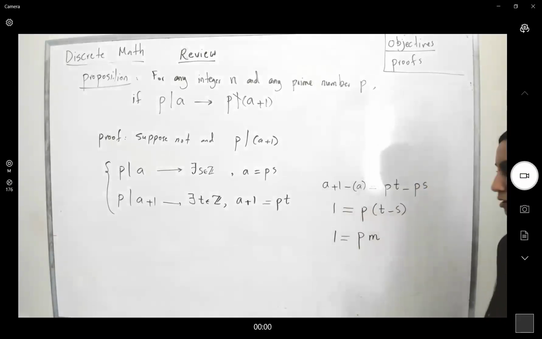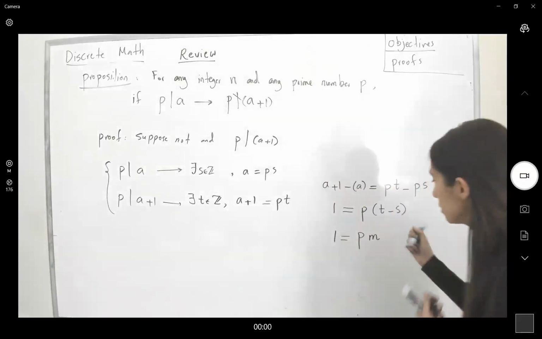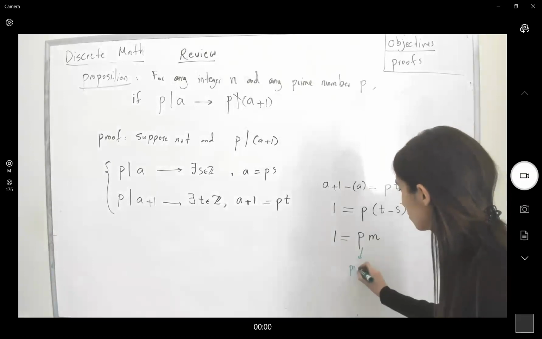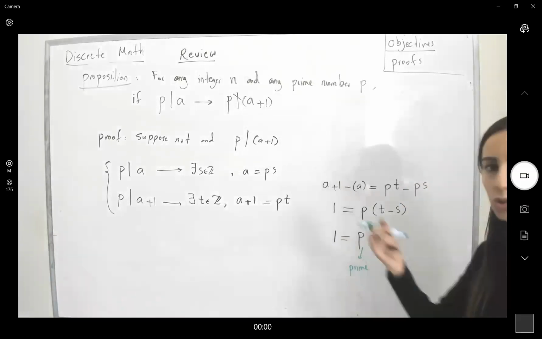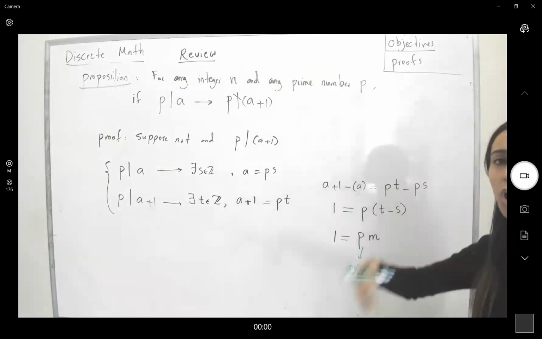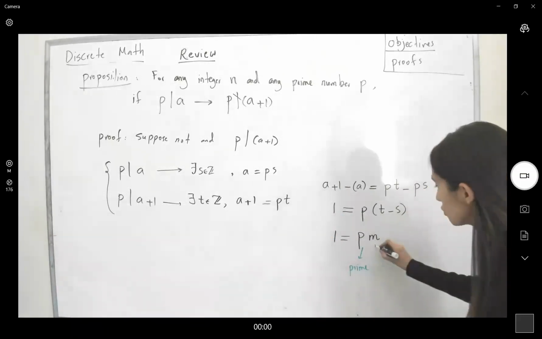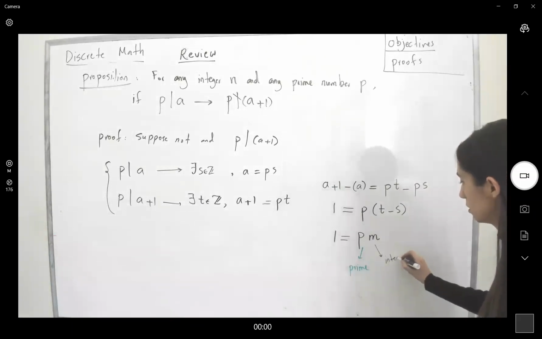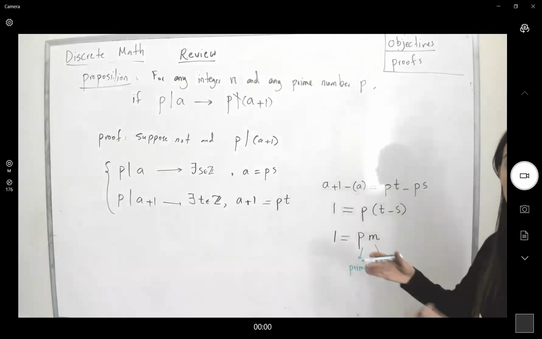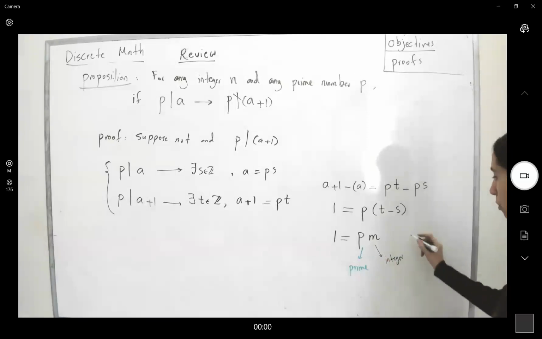Is it possible? You have a prime number, 2, 3, 5, 7, and so on, and m is just an integer. It's not a fraction, so you cannot cancel out these two, which is impossible.